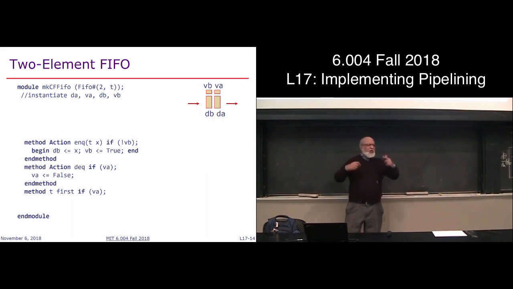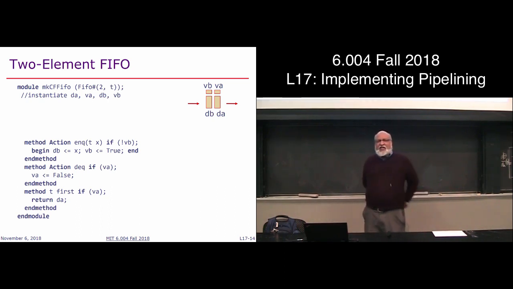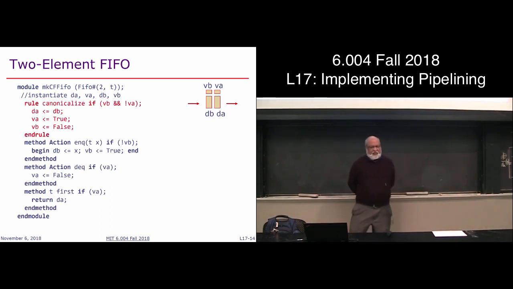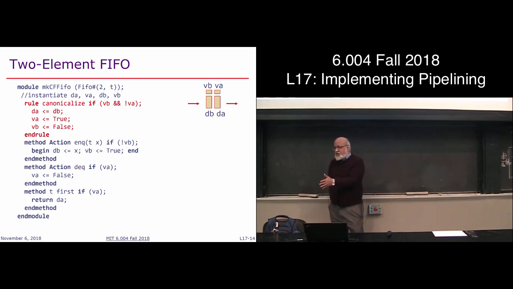So I need some more bookkeeping rule, which actually moves things from DB to DA, and that's this rule. When there is something in VB, and there is nothing in the next slot, it's moving it internally. It's copying dB into dA.